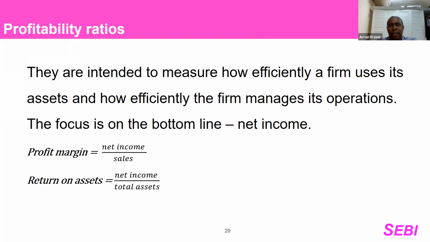So for every dollar of asset that we have, how much net income we're deriving. You have return on equity. Here we look at, for every dollar of equity that we have, how much net income we're achieving.